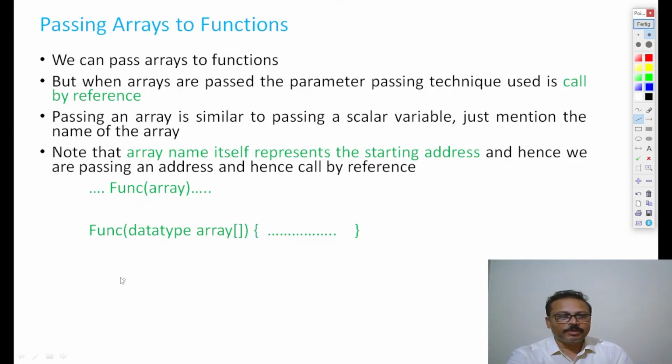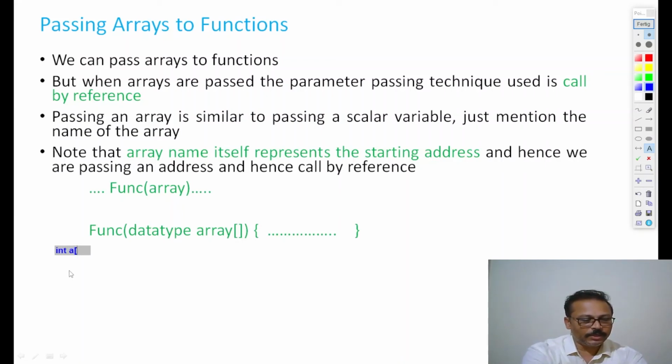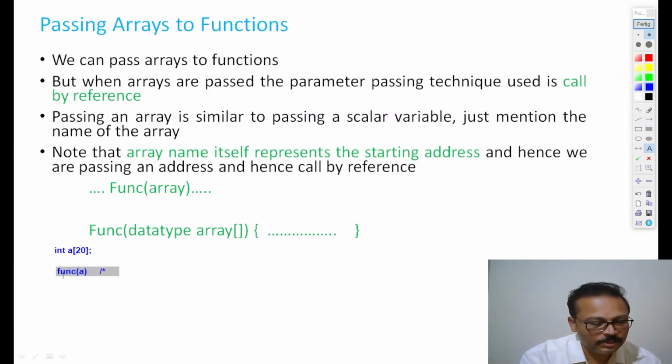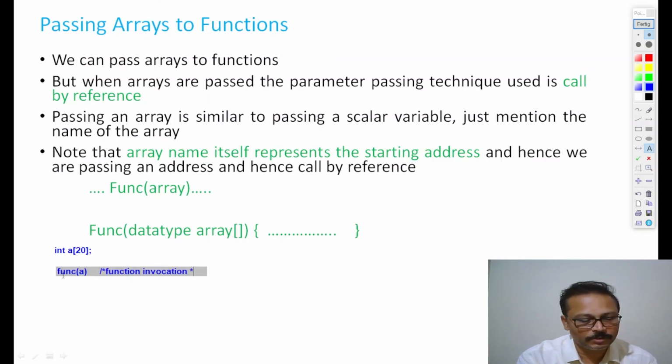For example, if A is an array, say A of 20, and you want to pass A, and func is the function name, you just specify the name of the array like this. This is function calling or function invocation.